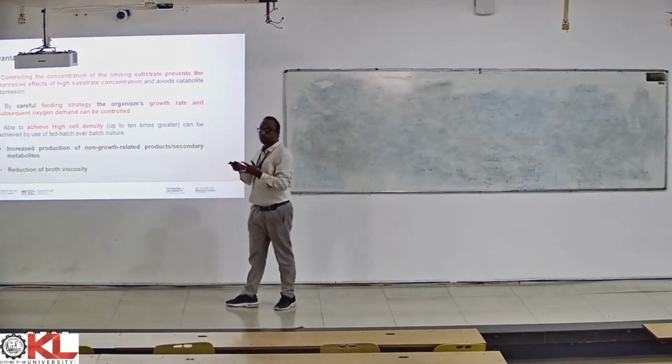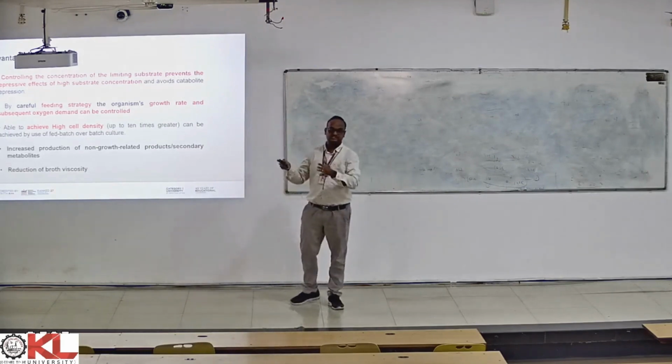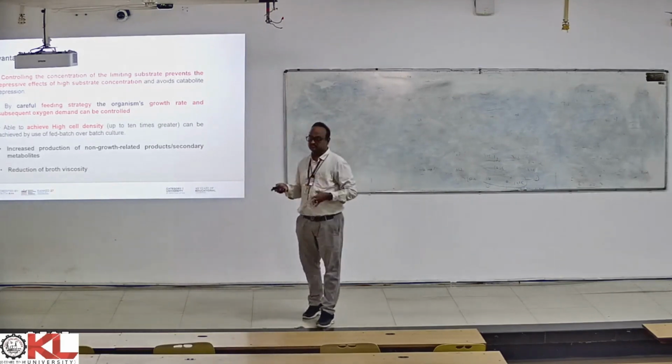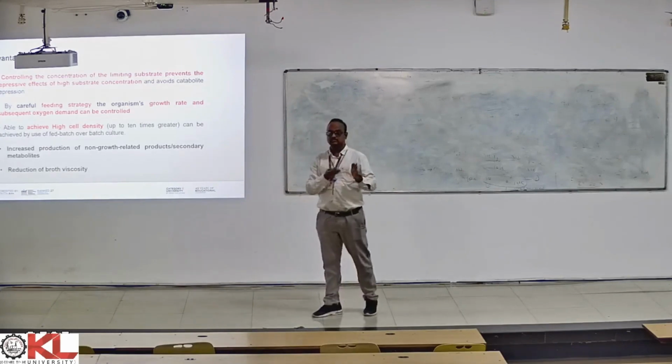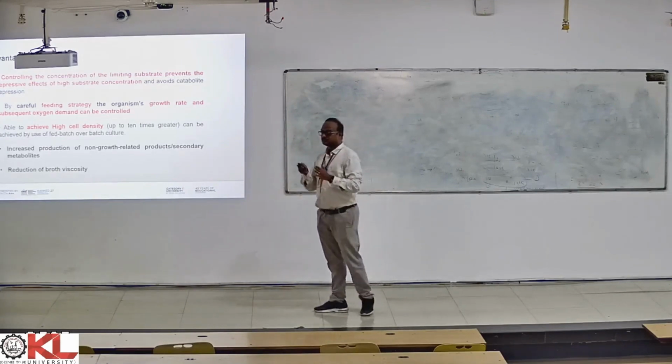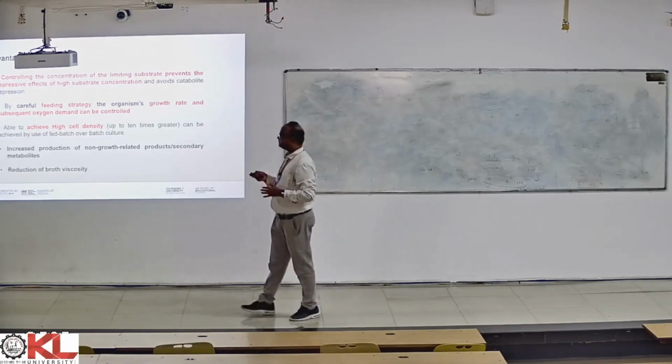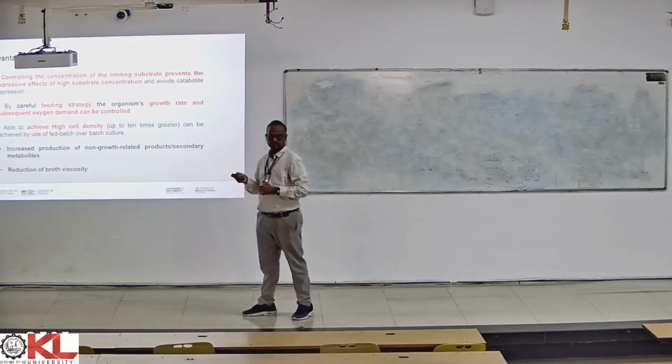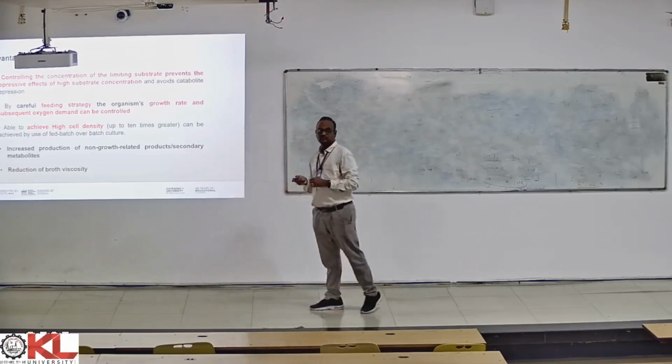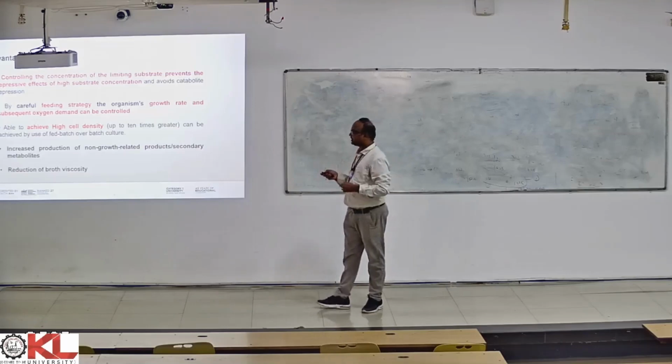To avoid that, rather than giving a high initial substrate concentration to the organism, we slowly send the feed so that we can avoid the repressive effects of the high initial concentration. That's one major advantage of why we operate bioreactors in fed batch mode.